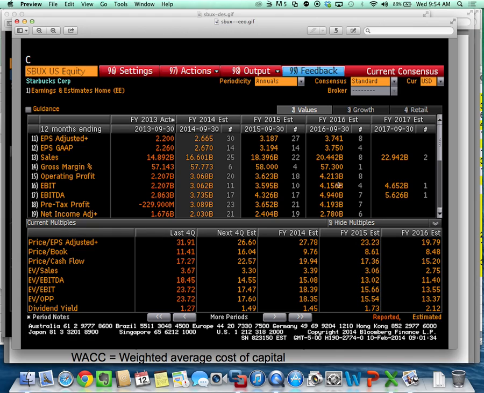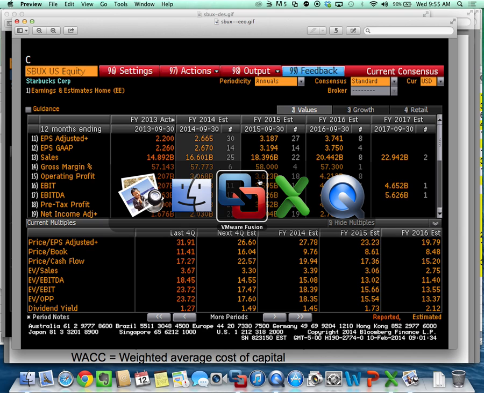We're going to use the first 2 years of consensus to help us value the companies. So specifically, what matters most in this consensus is the sales forecast, sales or revenue, and the operating profit forecast, because that's what's going to be key to free cash flow. So back to our model.